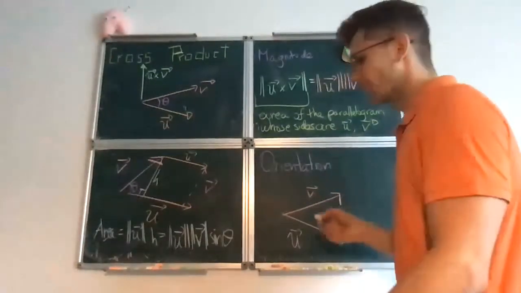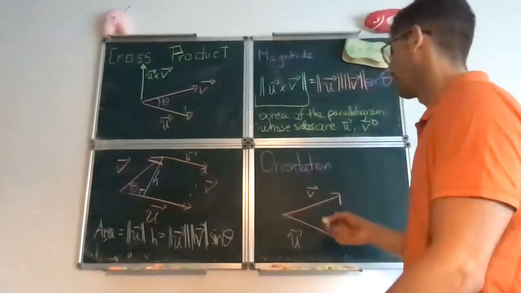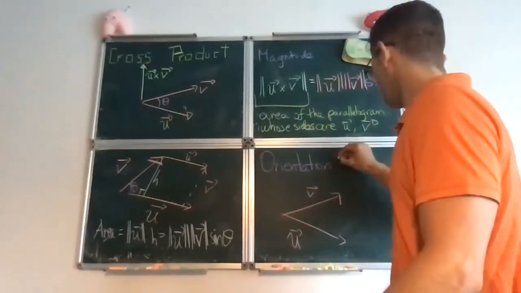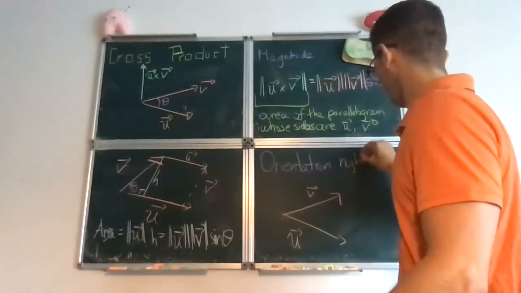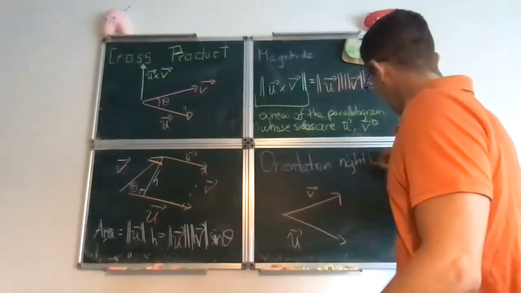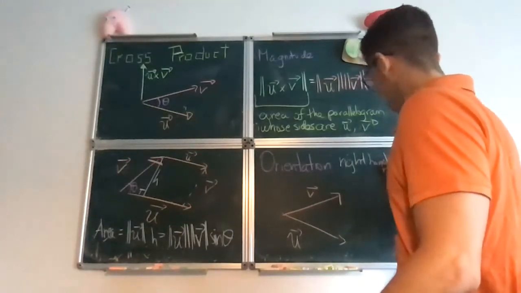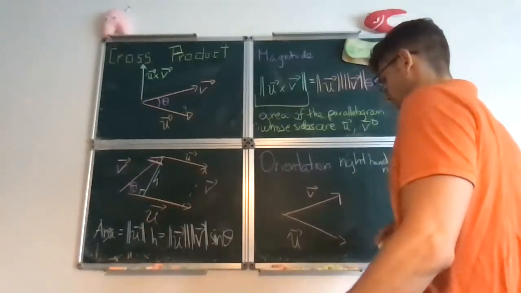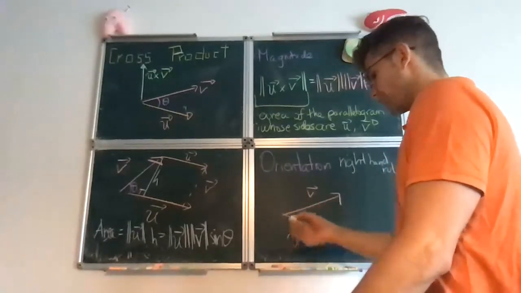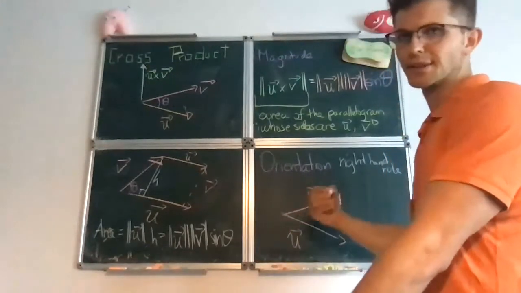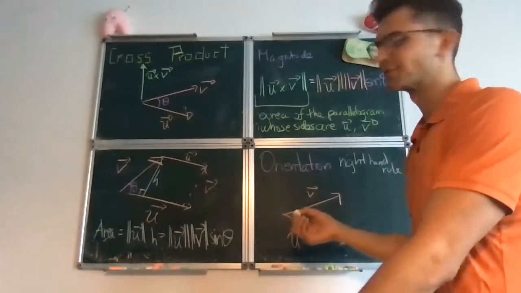But it's visually useful to know how to find this using the right-hand rule. You need to try it on your own because it's not easy just to see me do it.